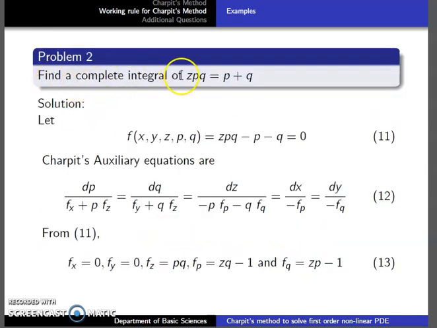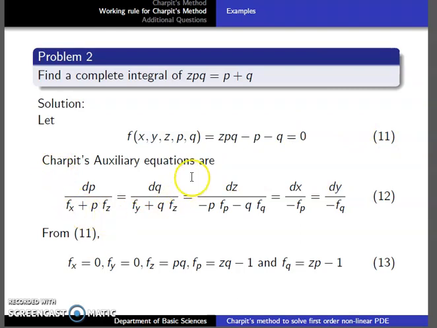Now we consider one more question. Find a complete integral of zpq equal to p plus q. So here also first we have to transfer all the terms on the RHS to the left hand side and denote that by f. Therefore we have f of x, y, z, p, q equal to zpq minus p minus q equal to 0. That is equation 11.